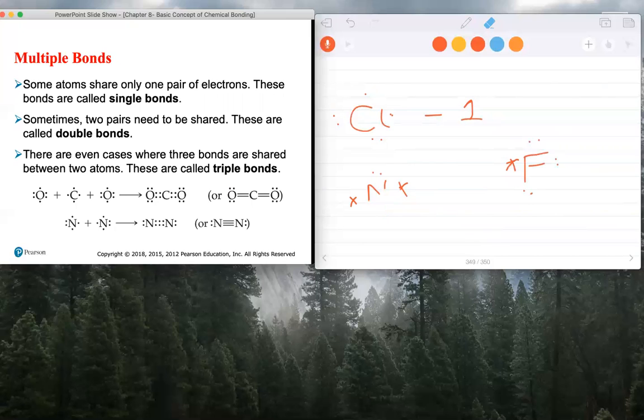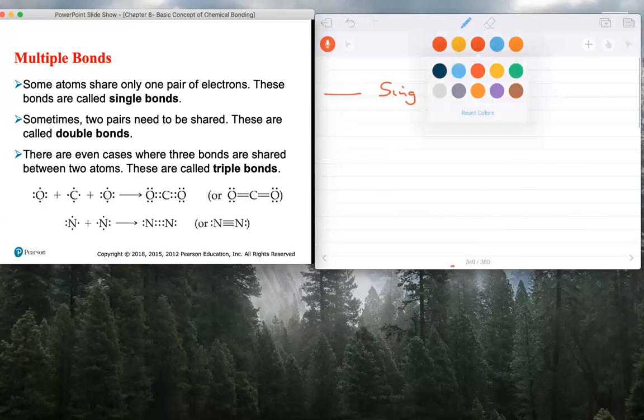Let's look at the 3 types of bonds you need to understand, because we will use them down the line. A single line is called a single bond, and it has 2 electrons, which is one pair.